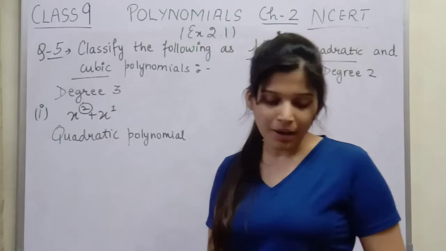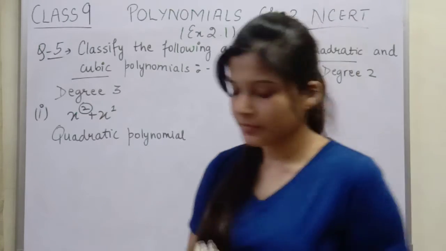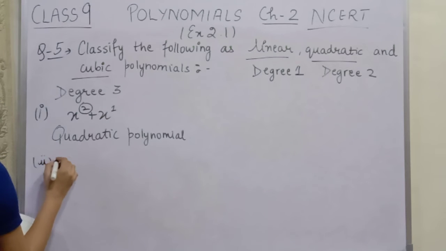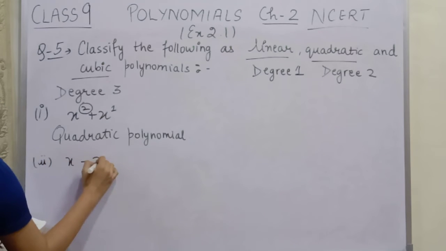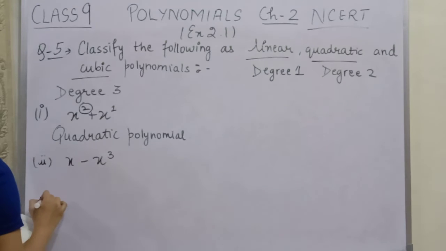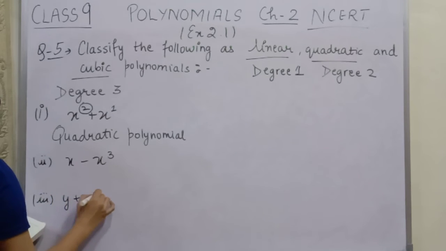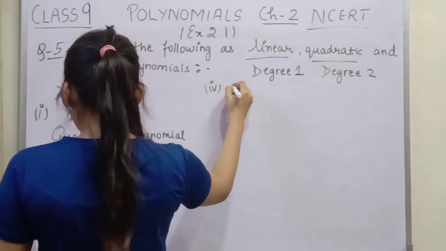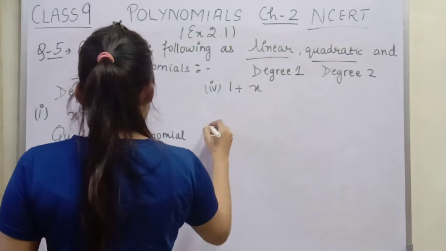Let's write all the parts first. The second part is x minus x cube. The third part is y plus y square plus 4. The fourth part is 1 plus x.